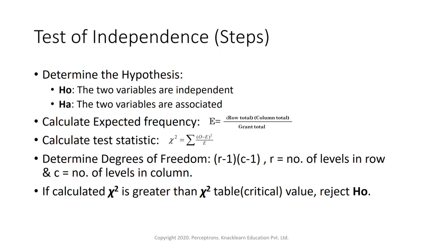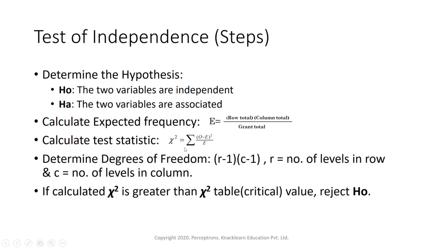That will give us the expected frequency. After we get the expected frequency, we can calculate the test statistic, which is the chi-square, given by the summation of (O minus E) whole square divided by E, that is, observed frequency minus expected frequency whole square divided by expected frequency.